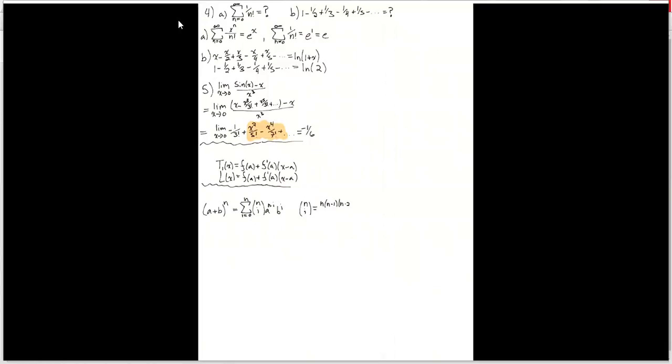We're going to keep multiplying until we get to n minus i plus 1. And this is all going to be over i factorial. And we're just going to assign the quantity that n choose 0 is equal to 1.